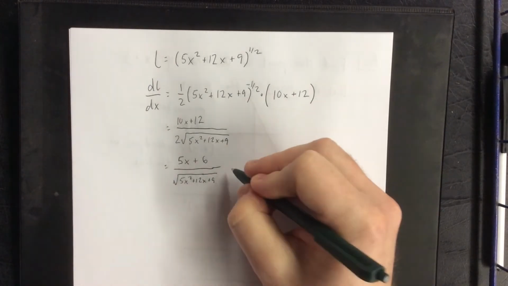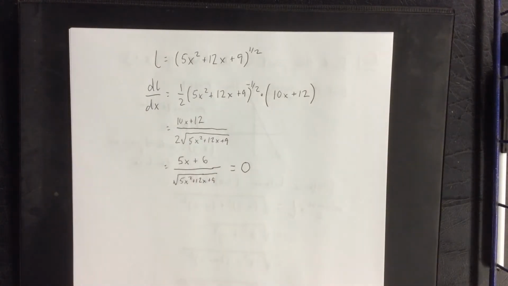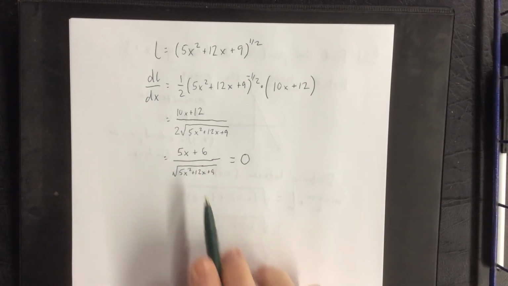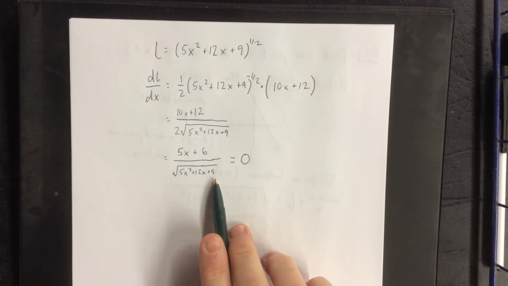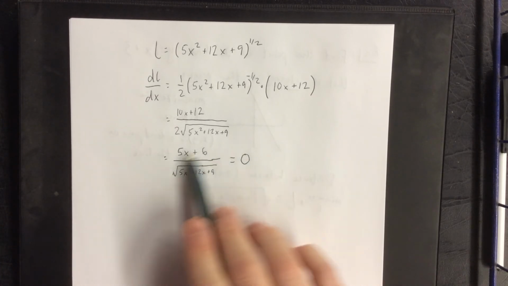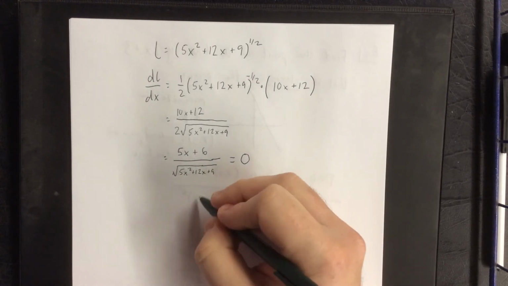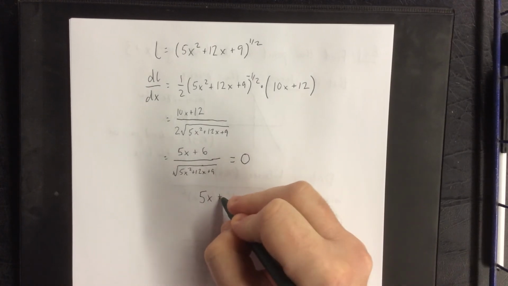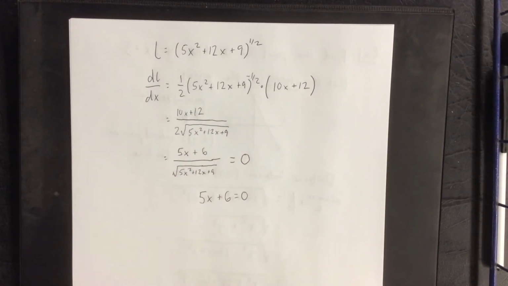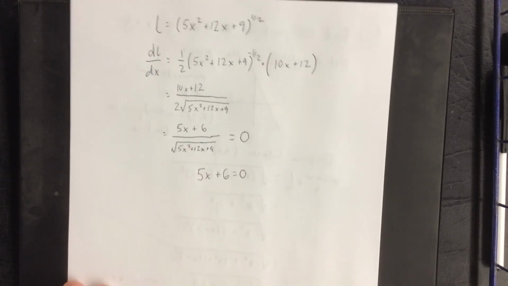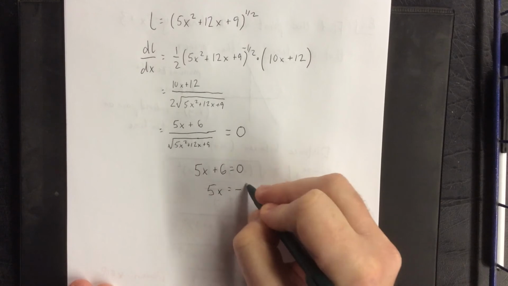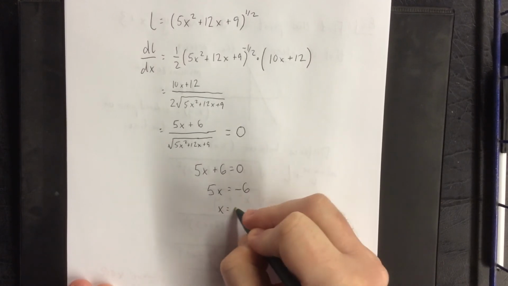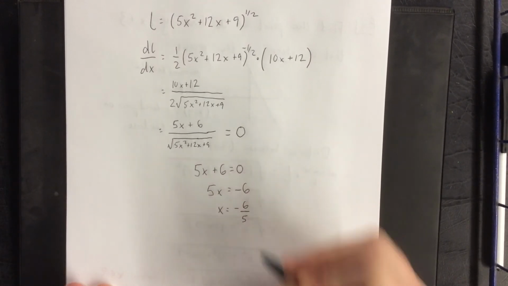Now, for us to find critical values, we'll need to set this equal to 0 and solve for x. We've already pointed out, though, that there's no situation in which this denominator could possibly be equal to 0, so the only way that we're going to get critical numbers out of this fraction is if the numerator is equal to 0, which gives us a considerably nicer looking equation to solve. In fact, two quick steps of algebra will get us to an answer, and we get that x is equal to negative 6/5.